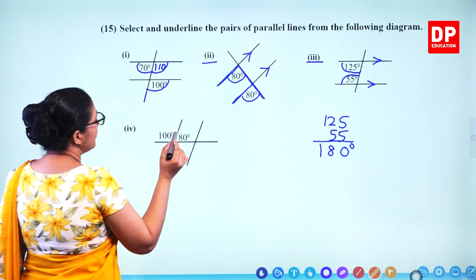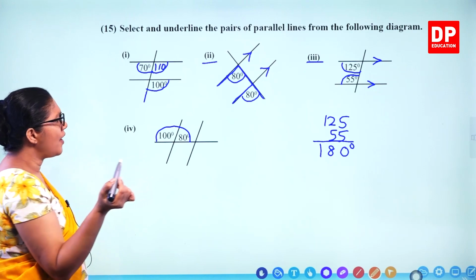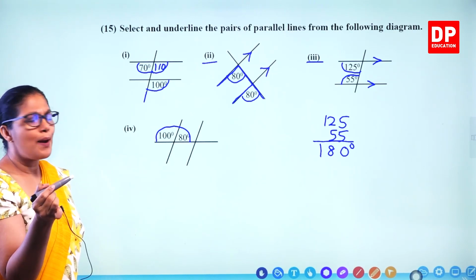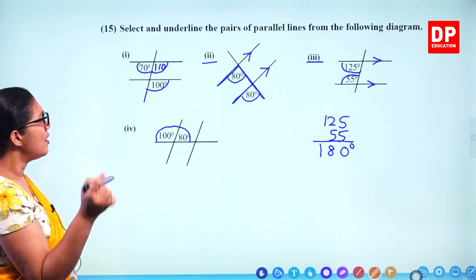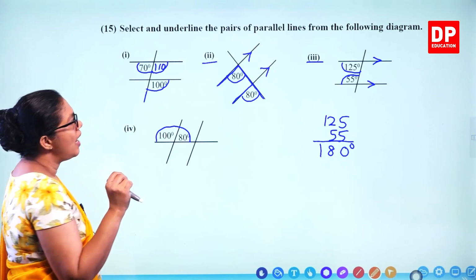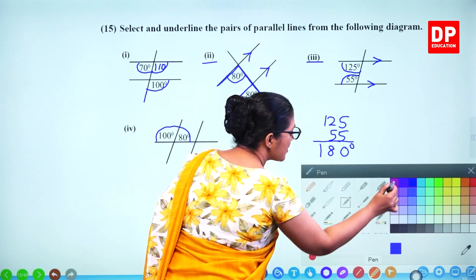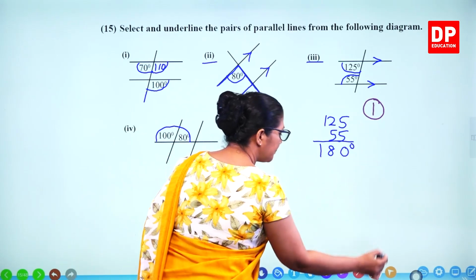What about this one? This just means a straight angle is 180. It doesn't mean that the two lines are parallel. So you can't say the two lines are parallel only with these two angles. So 2 and 3 both are correct. So 1 mark and 1 mark for this.